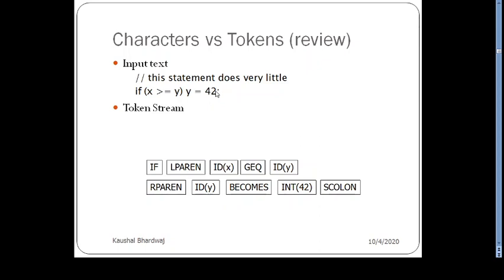Here you see 42 is a token and semicolon is a separate token. So what tokenizing will do, the scanner will create these tokens and store them in the symbol table for the use of the parser.